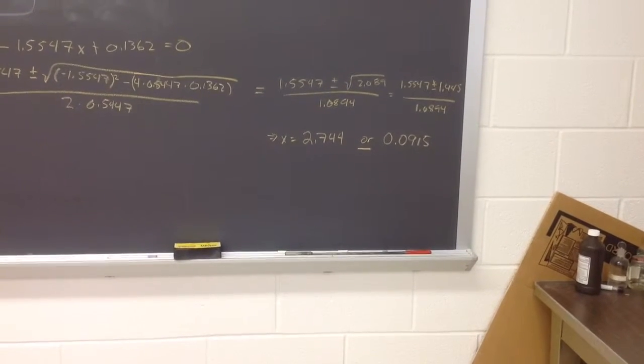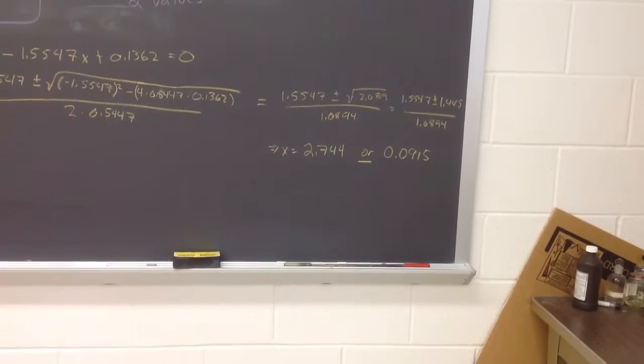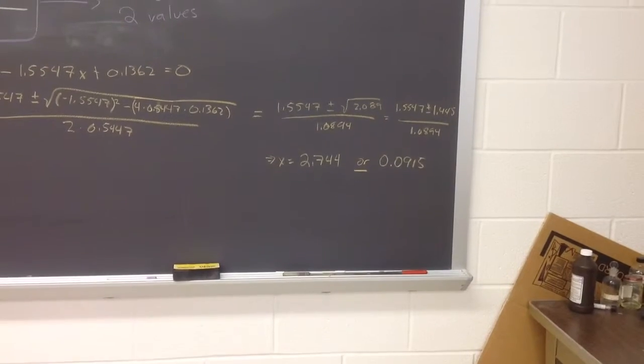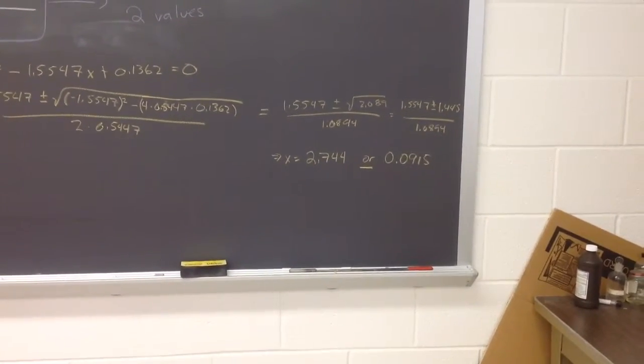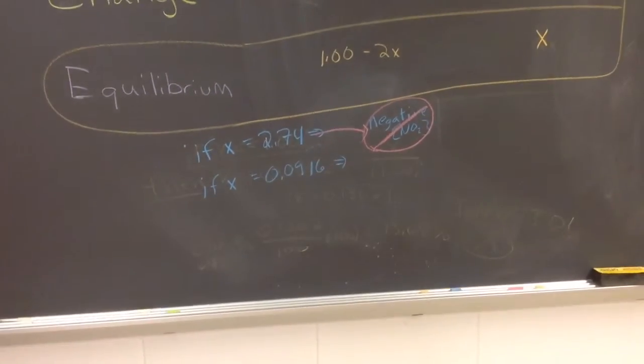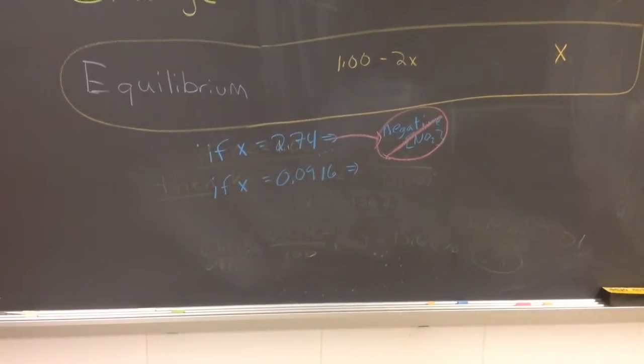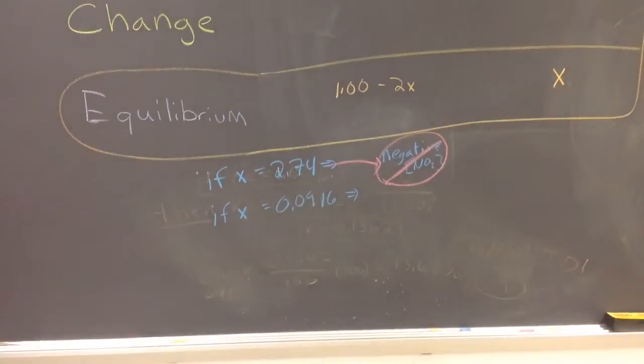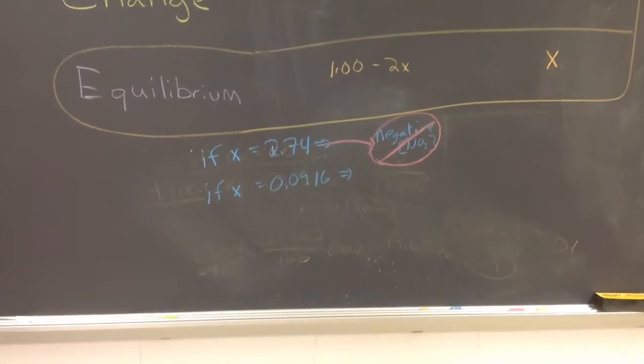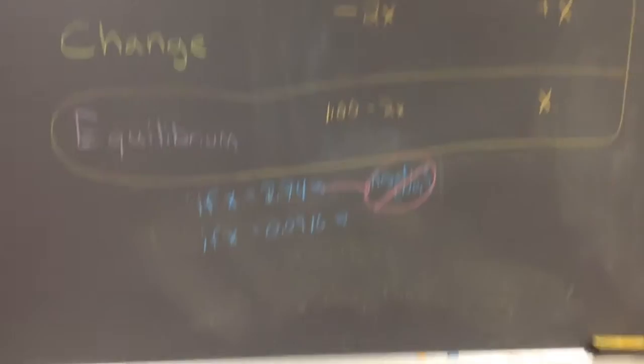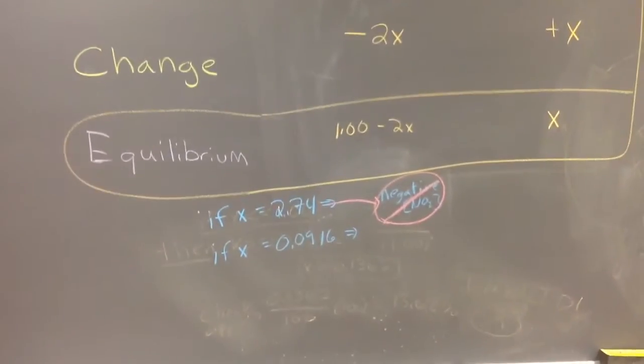Especially given the value for our equilibrium constant. So let's take a look. Considering our two options, if x is 2.74 something, we get a very negative value for the equilibrium concentration of NO2, and so that can't be.